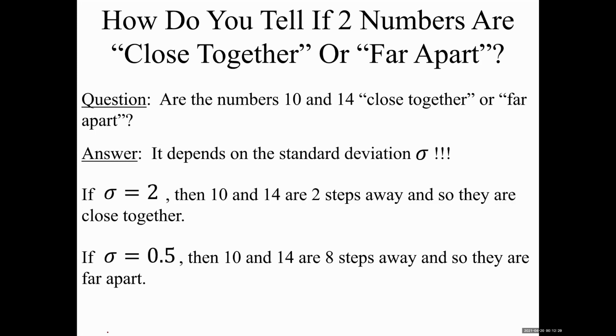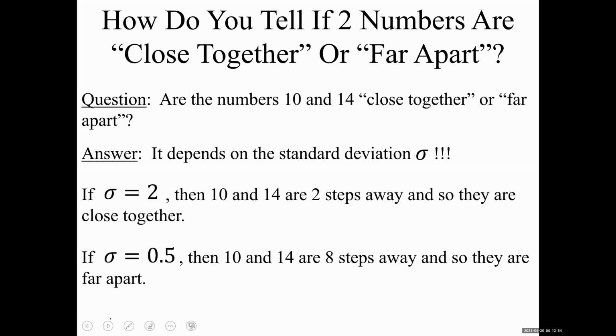So if the 2 numbers are a lot of steps apart, if you have to walk a long ways to get from one number to the other one, then they're far apart. If you don't have to walk that far, close together. Again, just for the next couple of slides, we're going to use the number 3 as the cutoff. If the numbers are more than 3 steps apart, they're far apart. If they're less than 3 steps apart, close together. But again, after just a couple more slides, we're going to forget that rule. We'll get a better rule later.